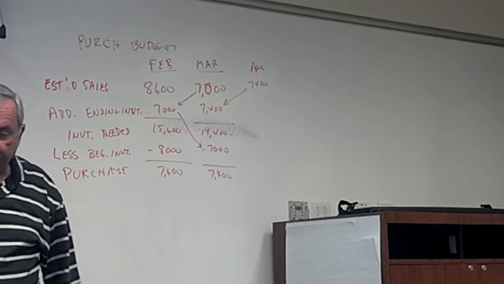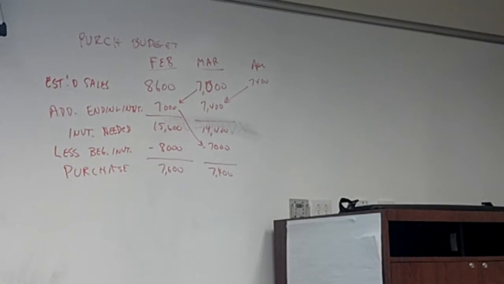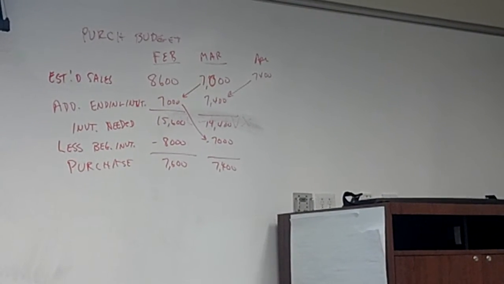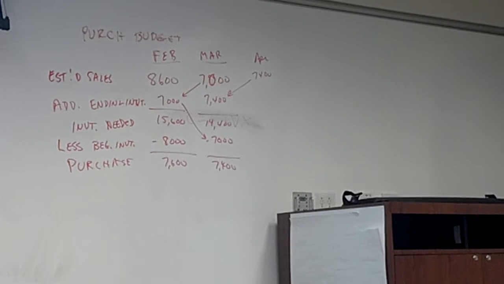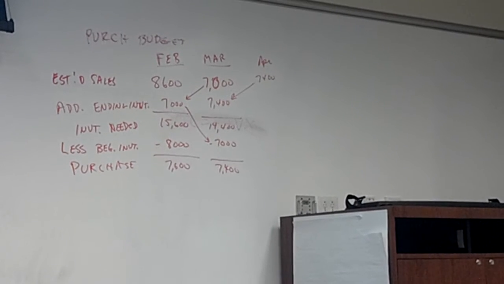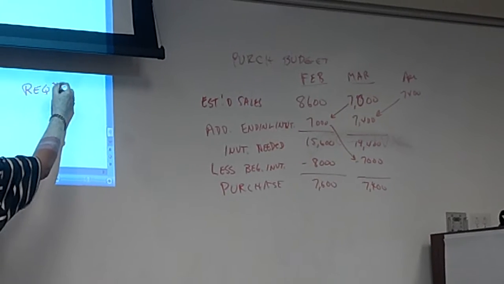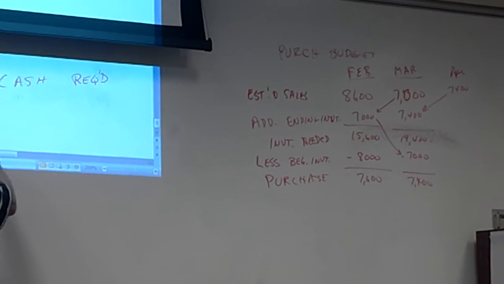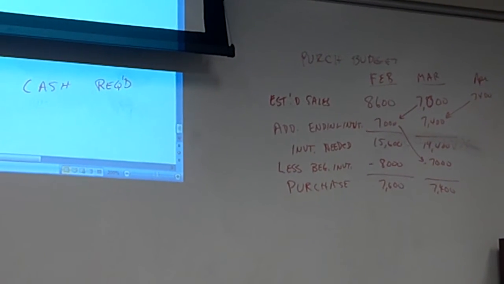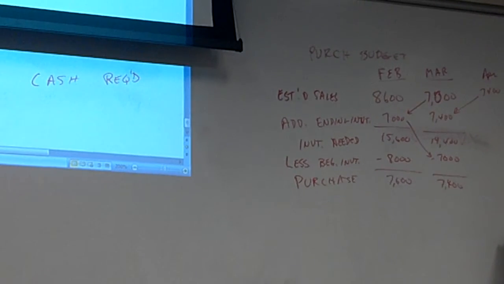Okay. Now, the second part is cash required February and March to pay for the stuff. Okay, so cash required, and look at the way they're paying their bills.